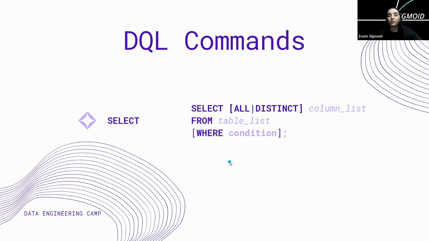If we look at the syntax, we have the select clause, then all or distinct. All requires to include all the records which satisfy the selection criteria. Select all or just select without this, it's practically the same, and this is rarely used.